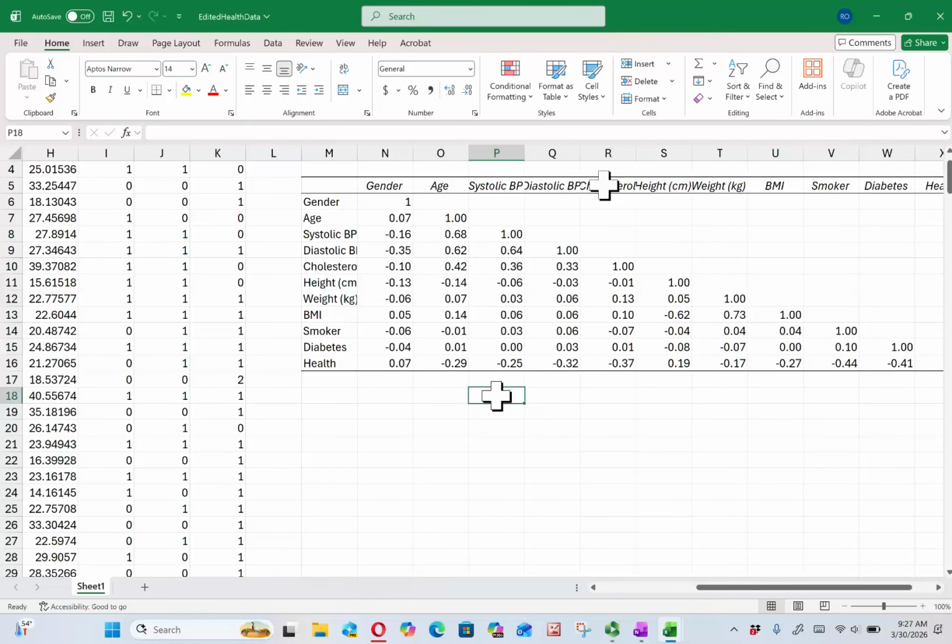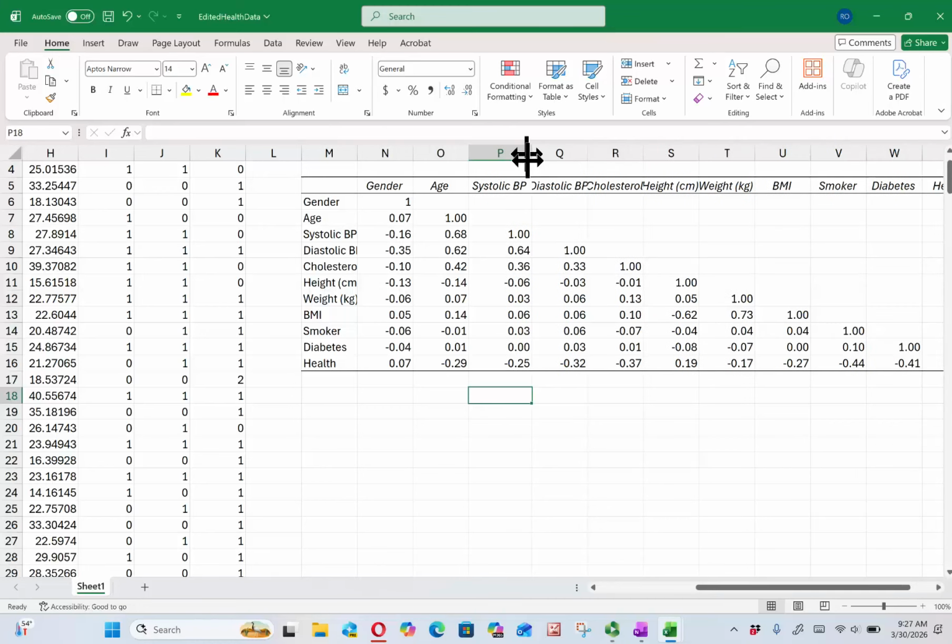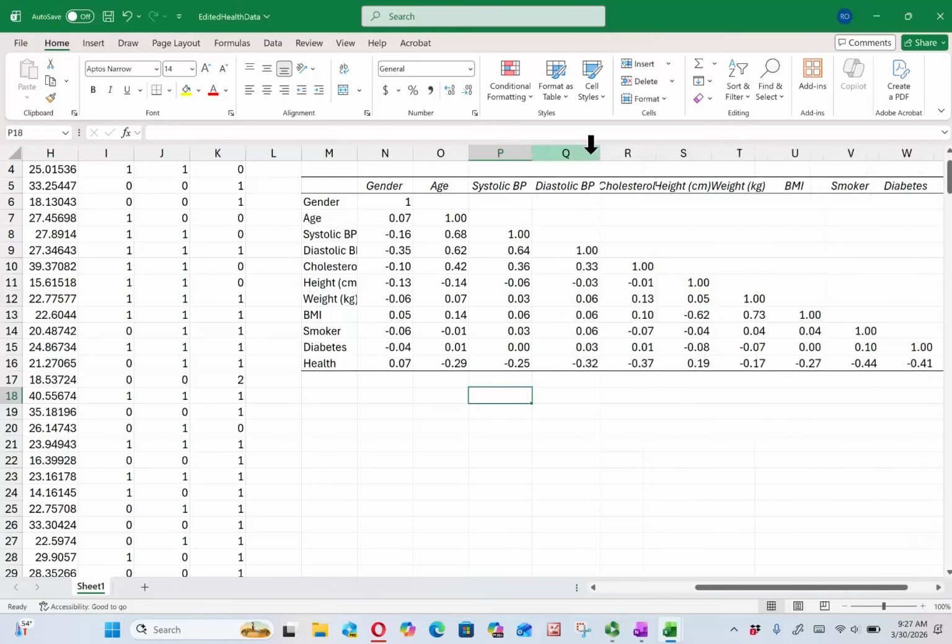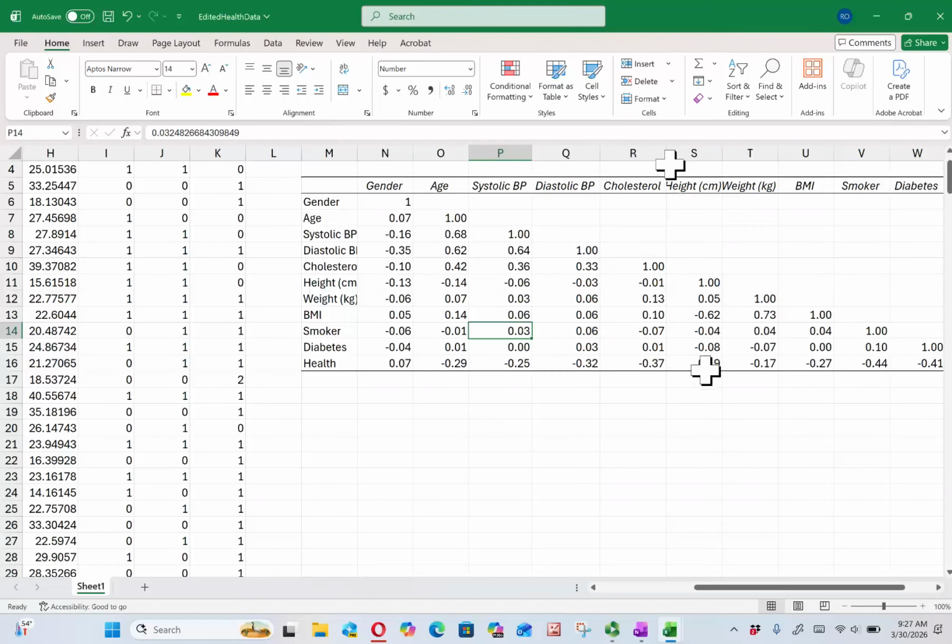Here's blood pressure and smoker. The correlation is 0.03 and 0.06. Cholesterol. What would you think cholesterol is associated with?